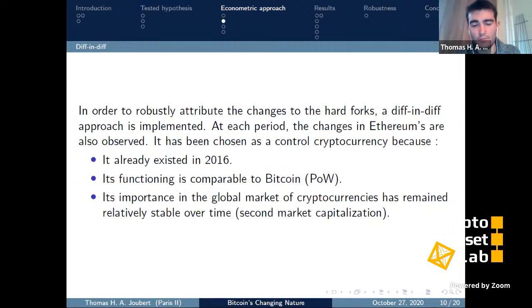I chose Ethereum because it existed in 2016, which is the beginning of my period of study. We must remember that in 2016 there were much fewer cryptocurrencies than today. The functioning of Ethereum is comparable to the one of Bitcoin. And finally, the importance of Ethereum has remained stable over the last few years.